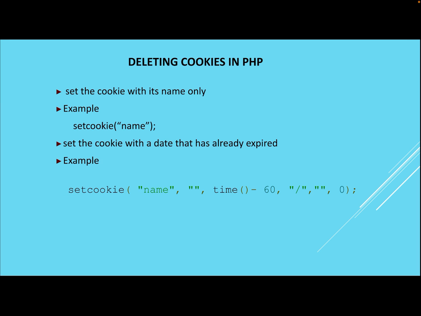The other option is to set the expiry date to an older date, like here in this example, time() - 60. So the expiry date is an older date, and if that cookie already exists, it will be deleted. These are the two options for deleting cookies in PHP.